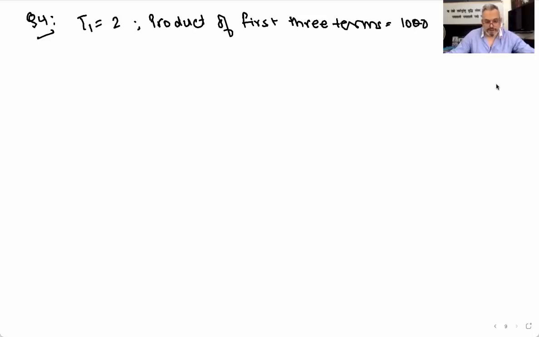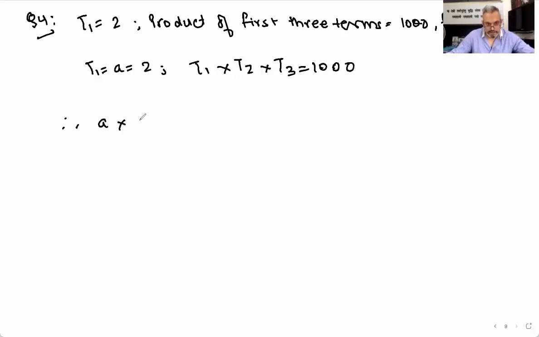We have to find R. So over here now, T1 is equal to A, which is equal to 2. T1 into T2 into T3 is equal to 1000. Therefore, A into AR into AR square is equal to 1000.